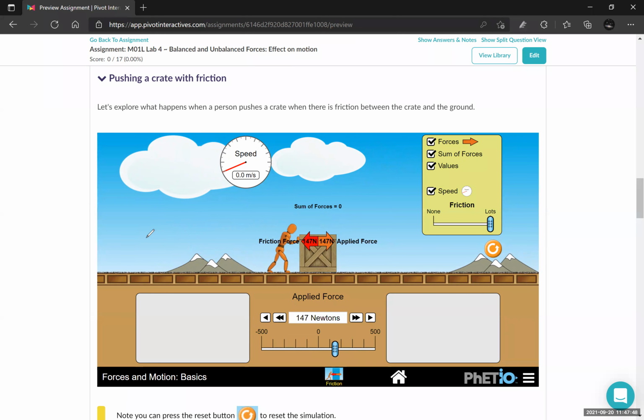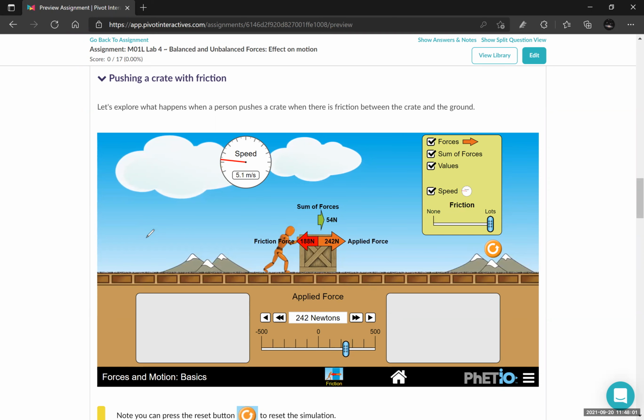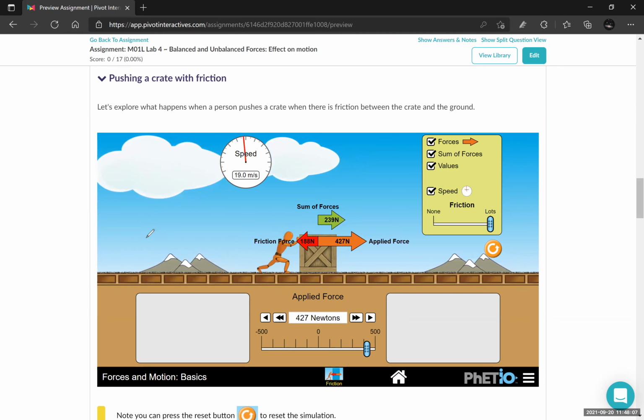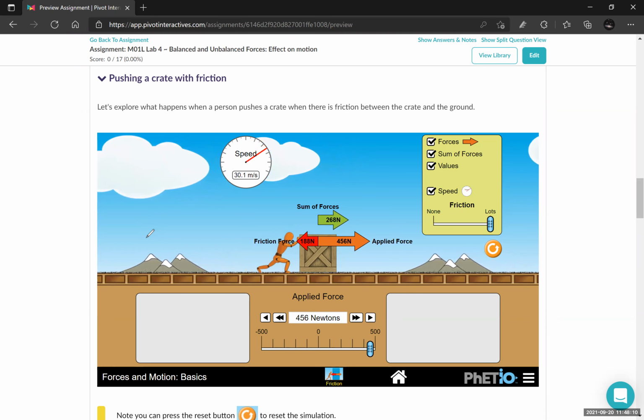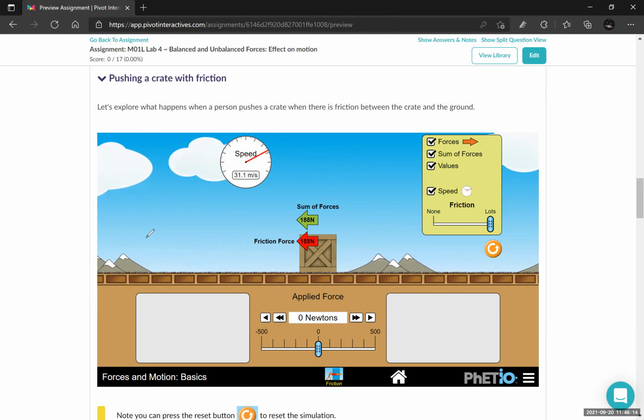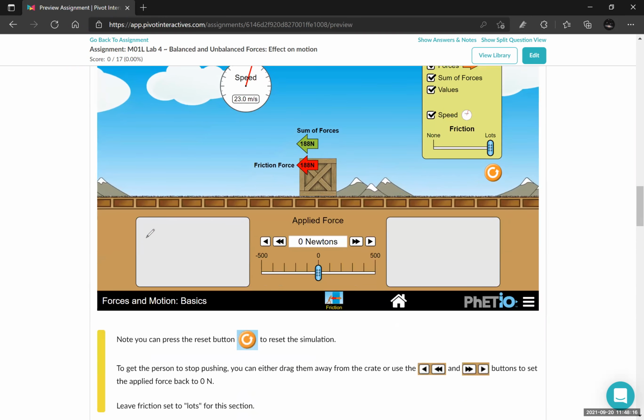That means this friction force can adjust itself to match my applied force all the way until 250. That means as soon as I apply more than a certain value, right? But now if I already make it move, it's just going to be motion. Look at the speed. See, it's increasing because I'm making it speed up. Okay. All right. So here you're going to learn about that.